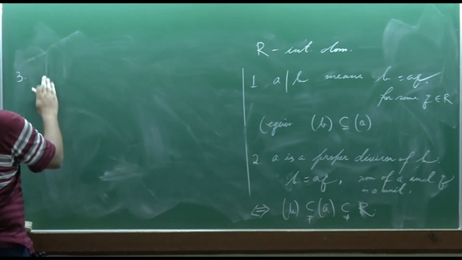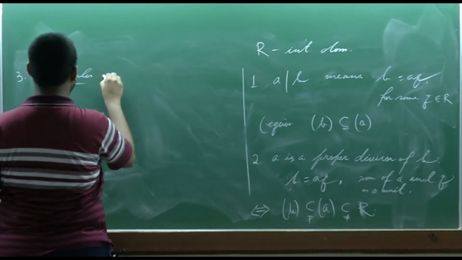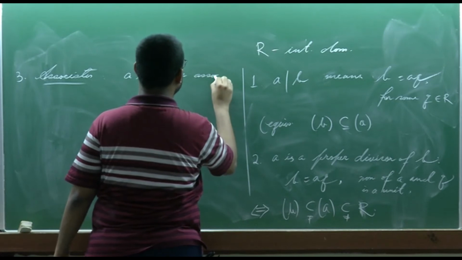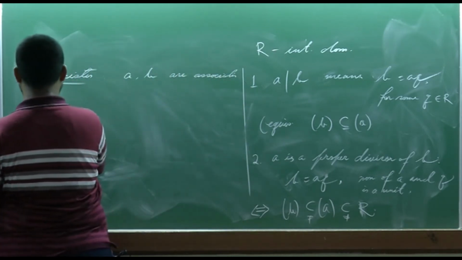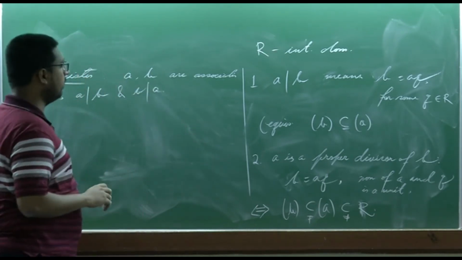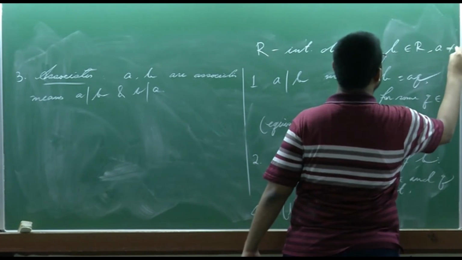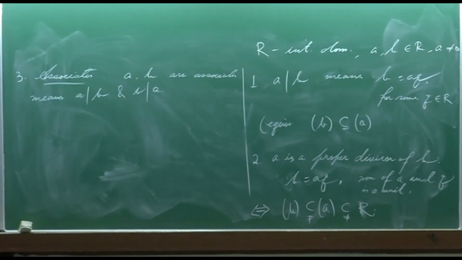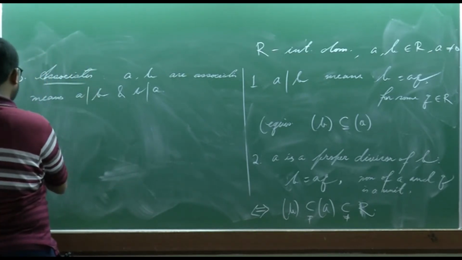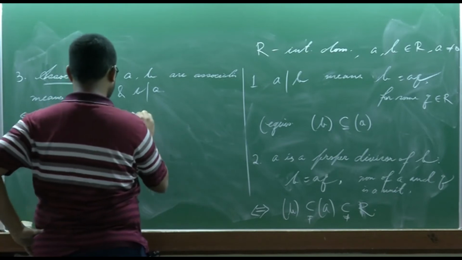The third thing is associates. So, let us say A and B are associates, it means A divides B and B divides A. Here A and B are arbitrary elements of the ring, and let us take them non-zero. Equivalently, if and only if, we can see that A must be of this form BQ, where Q is a unit.